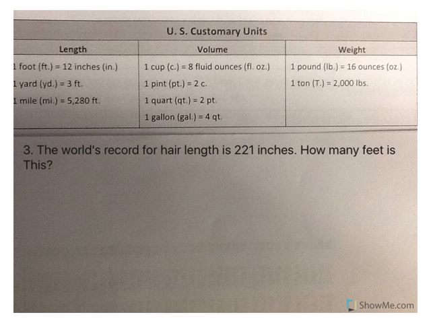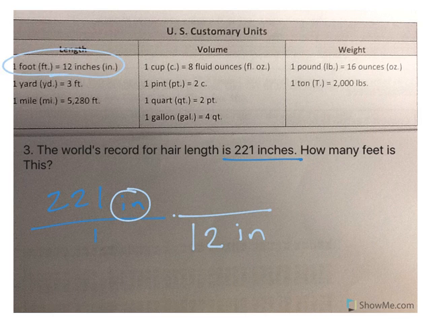In number 3, the world's record for hair length is 221 inches. That is some long hair. How many feet is this? Well, I'm starting with 221 inches. So when I go to multiply that, I know that inches is what has to go on the bottom because we want the matching units in opposite positions. I know from up here, 12 inches is 1 foot.